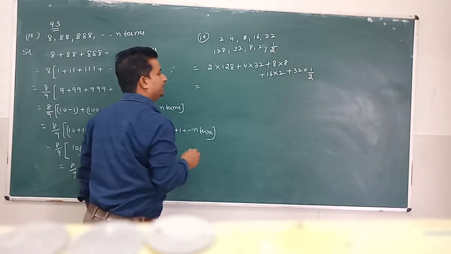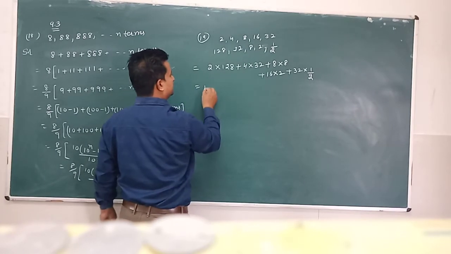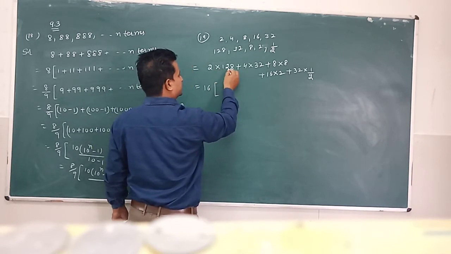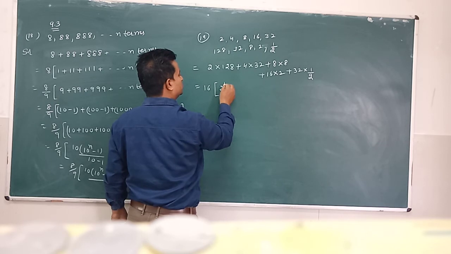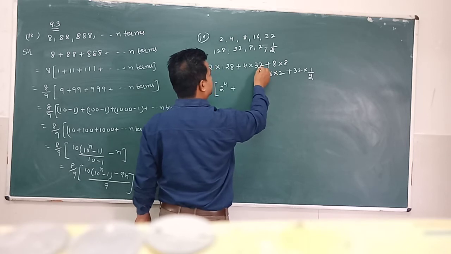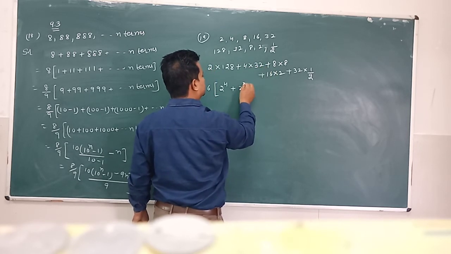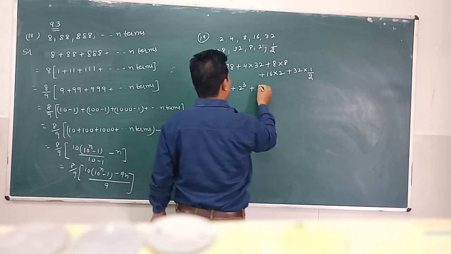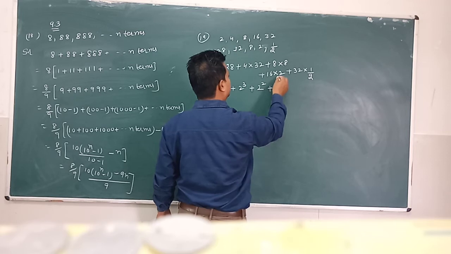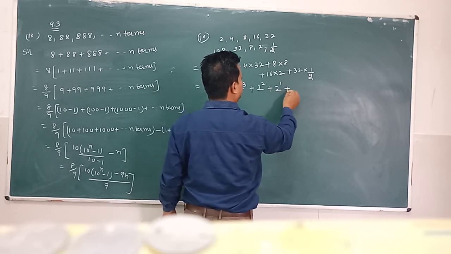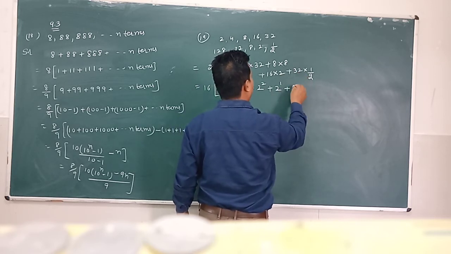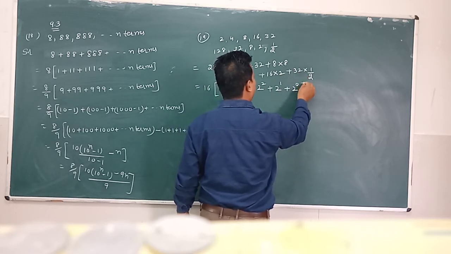So in this we take 16 common. 16 is common: 8 is 2 power 4, then 2 into 2 is 2 power 3, then 2 power 2, then 2 power 1, and the last is 1, which means 2 power 0.